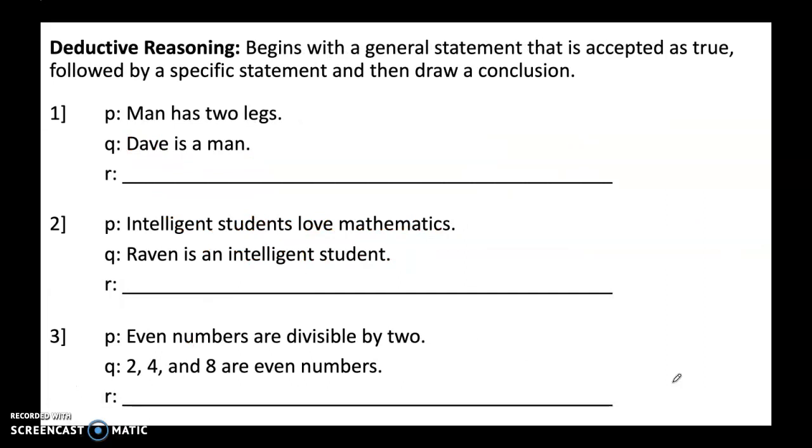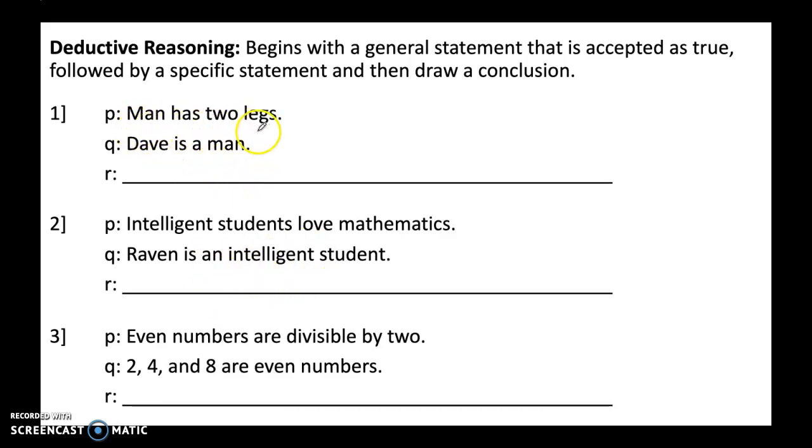Deductive reasoning begins with a general statement that is accepted as true, followed by a specific statement, and then we draw a conclusion. We use the law of syllogism and the law of detachment, whichever is applicable, to make a conclusion.